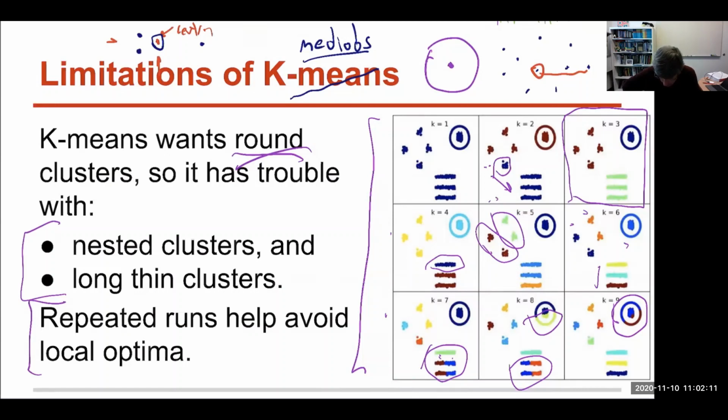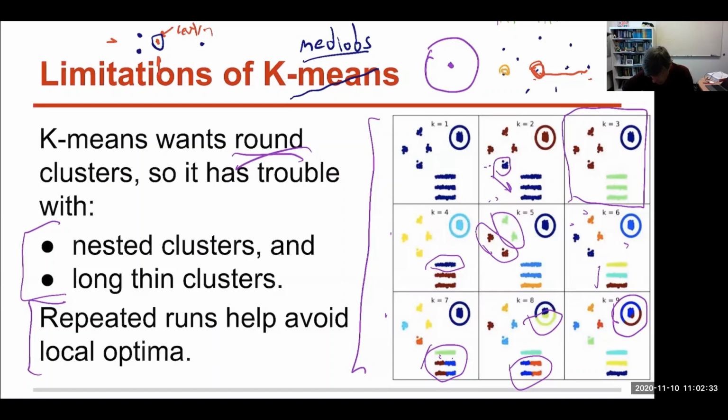What I'm going to claim is the center of a set of points is going to be the point with the property that it minimizes the distance to all other points. In this case, this red thing is a good center because the longest distance from it to anybody else isn't that bad.